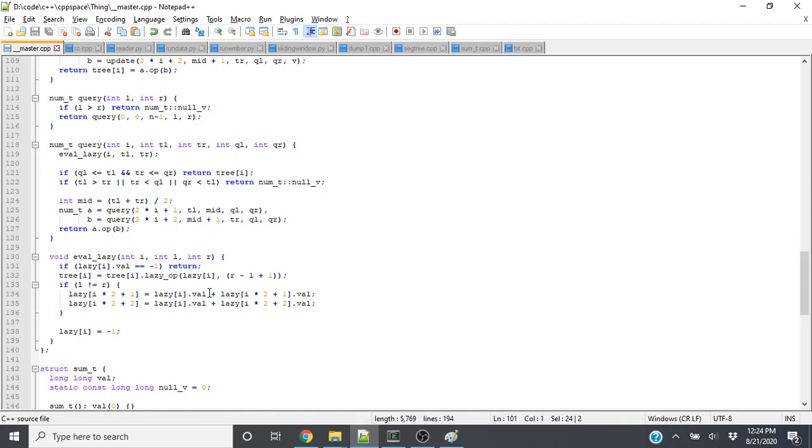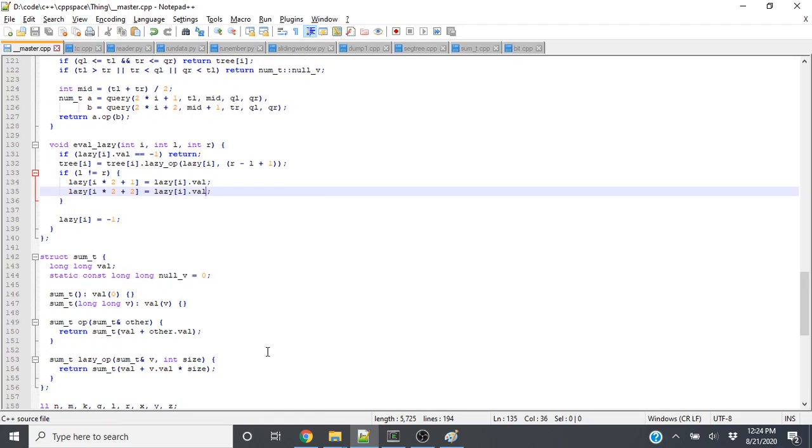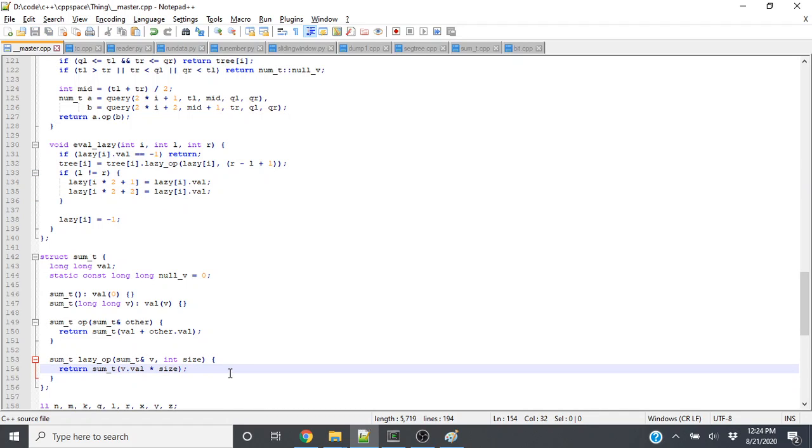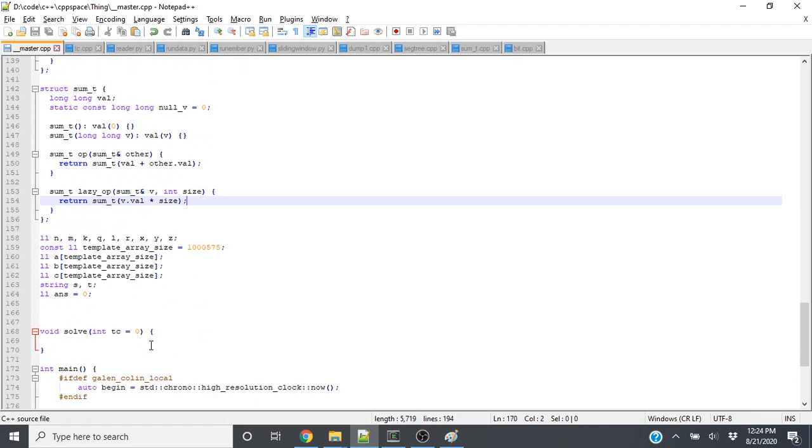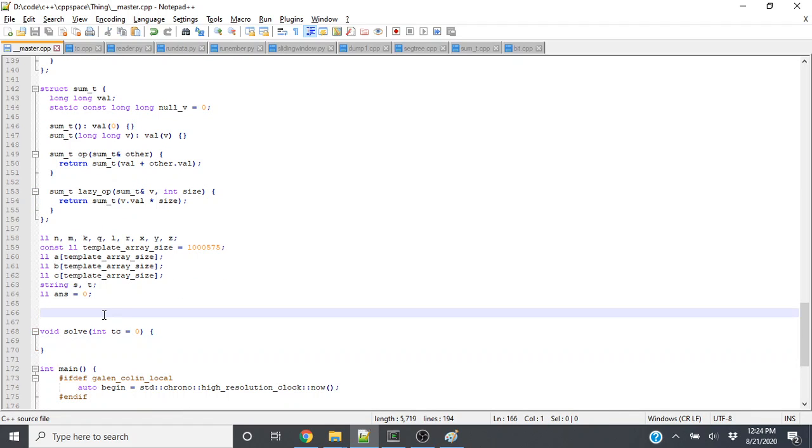And lazy i, it's a range set. So we're gonna do that. And we're going to set it so it just sets it to that val. And perfect. Now what?